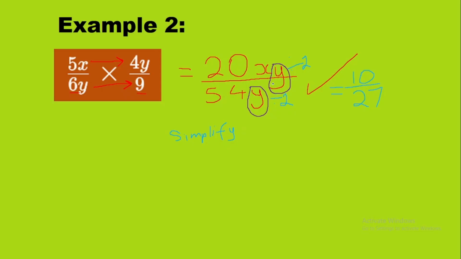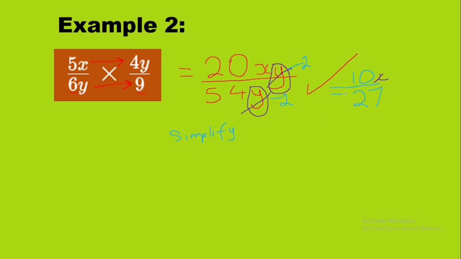Whenever we have the same letter or the same variable on both the numerator and the denominator, we'll just cancel them out. So that will cancel out. So 20 divided by 2 gives you 10. 54 divided by 2 will give you 27. And we'll just put back the letter that remains, and the letter that we didn't touch was the x.